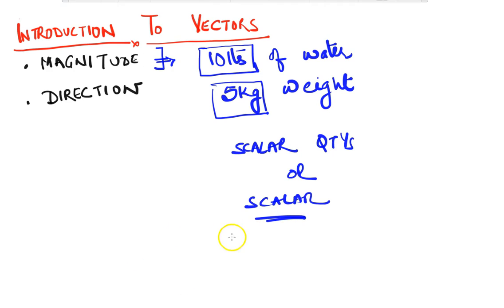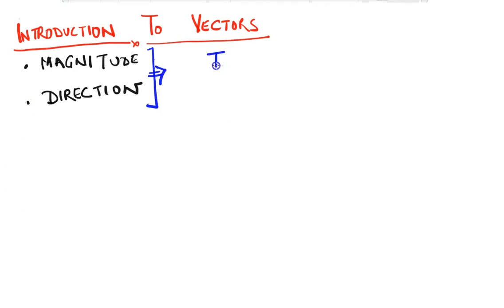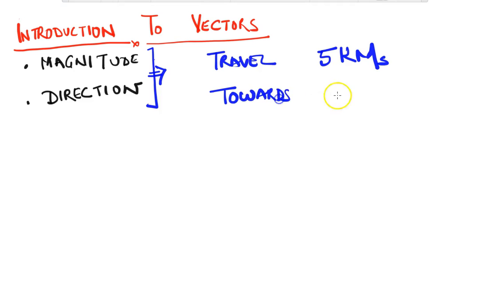However, there are quantities which cannot be defined just by magnitude. And unless we know another attribute like direction, we cannot define them. So let's take an example. Travel five kilometers towards north. So what were we talking about?